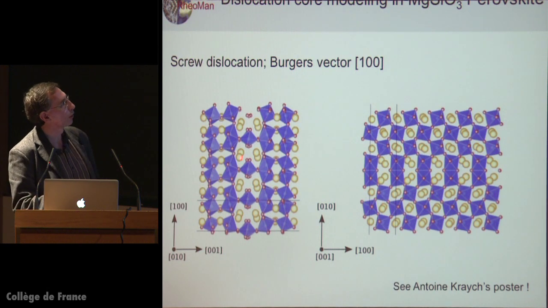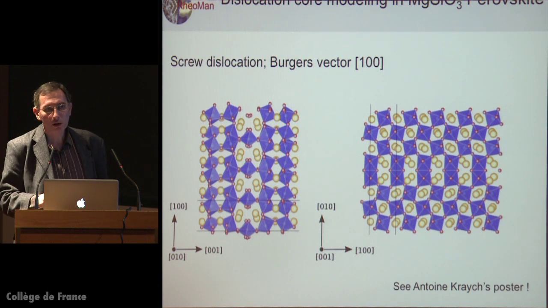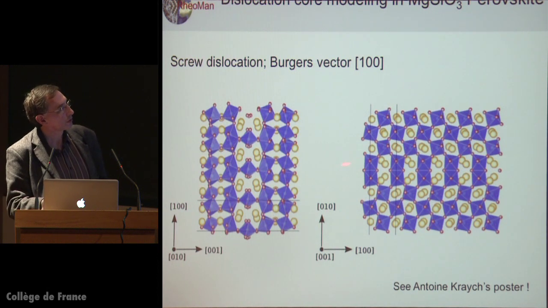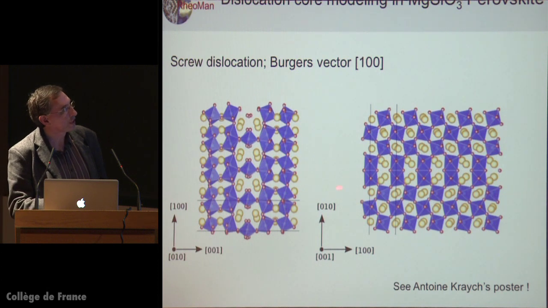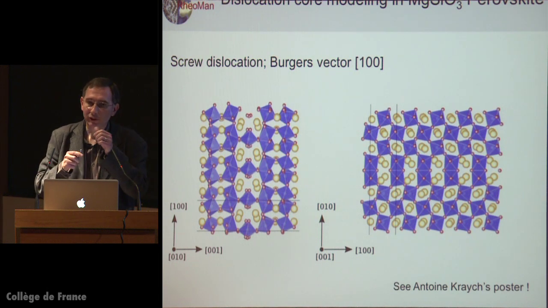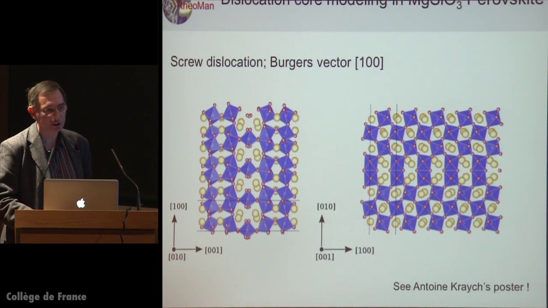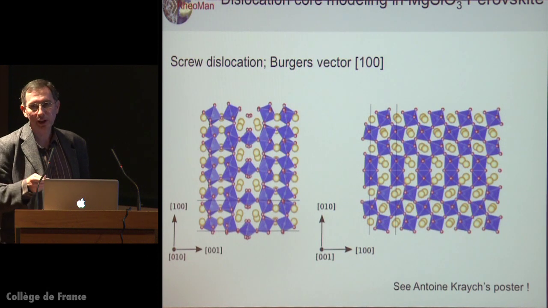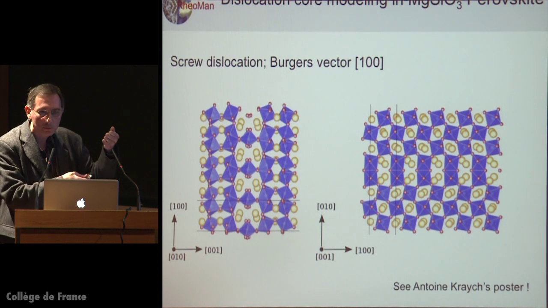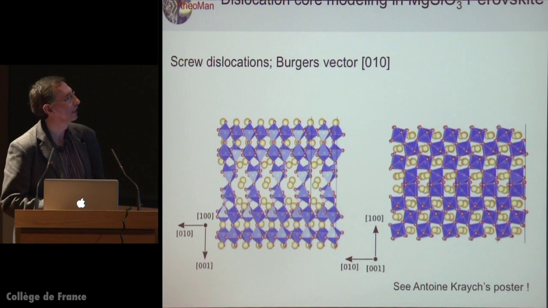I just quickly show you that we start now to have the possibility to calculate, to model the defects in this structure, which is more complicated than MgO, and you understand now that you will focus on this ribbon here, and you will look how narrow or wide this spreading is occurring, because this has implications for mechanical properties, and he and Karine will explain how they can apply stress on the simulation box and how they can make those dislocations move and get data about the mechanical properties.